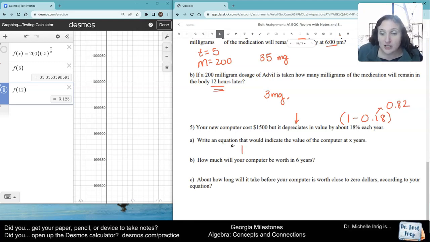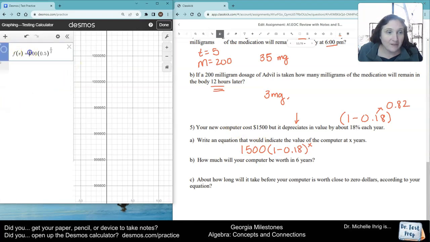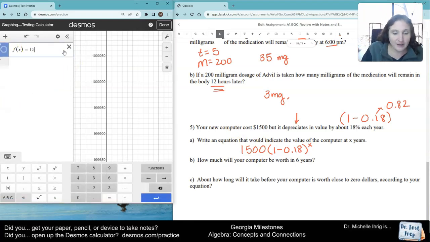So it starts at 1,500, and then you can write it like this if you want, and then you have x years. So I'm going to go back to my graphing calculator and type in my f of x function. My starting value is 1,500. You could simplify it, or you can just put in the 1 minus. Doesn't matter. And then we hit that to the x.